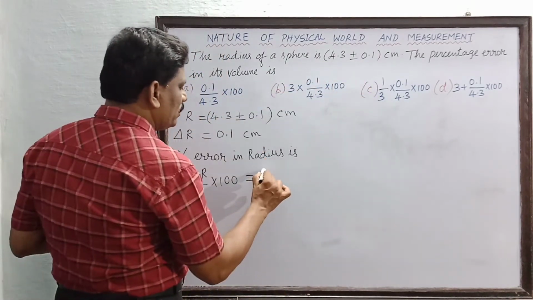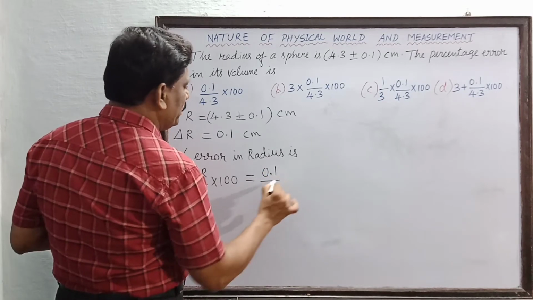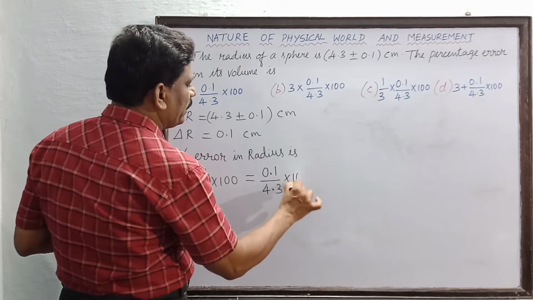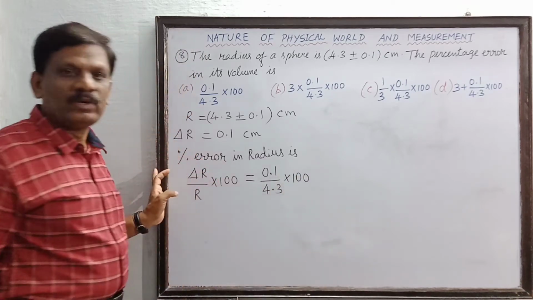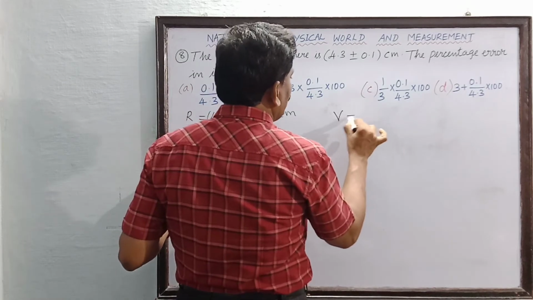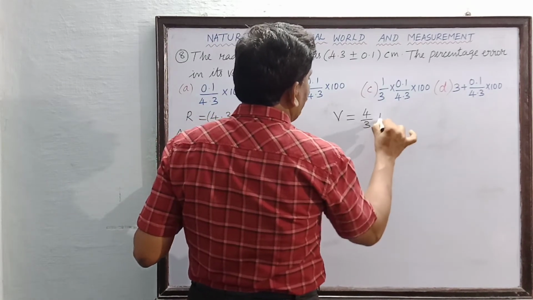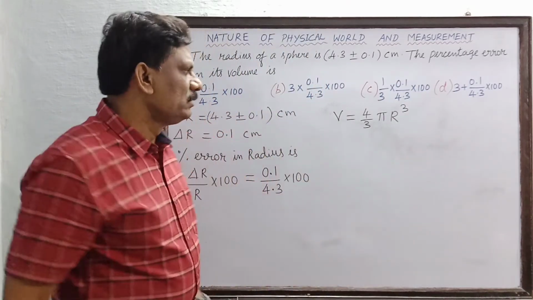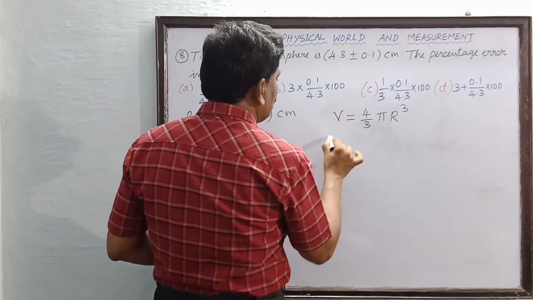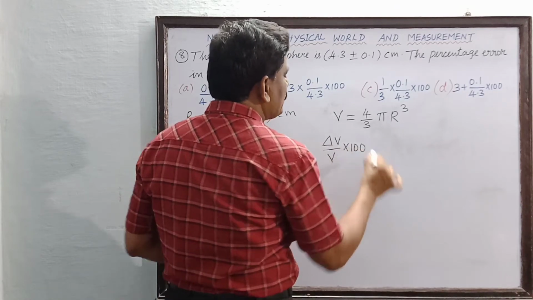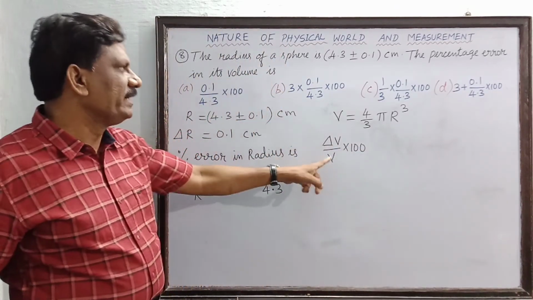So this is equal to 0.1 divided by 4.3 into 100. Okay. Now volume V is equal to 4 by 3 pi into R cube. So now delta V by V into 100. This is the percentage error in the volume.